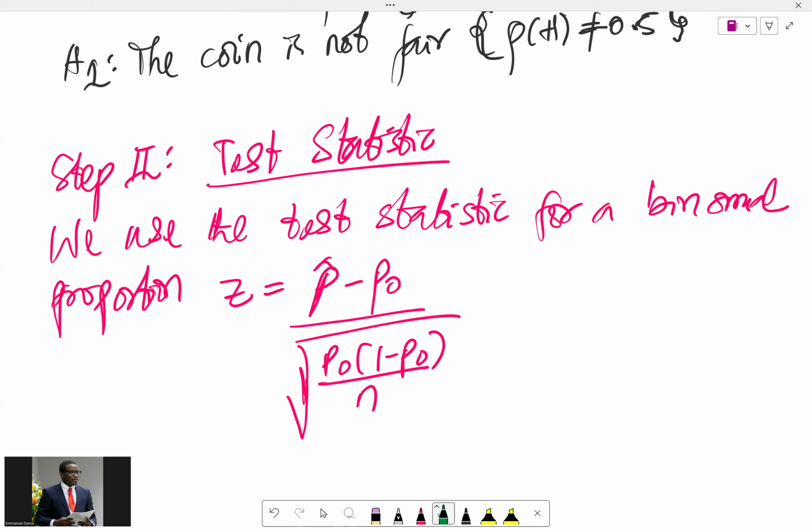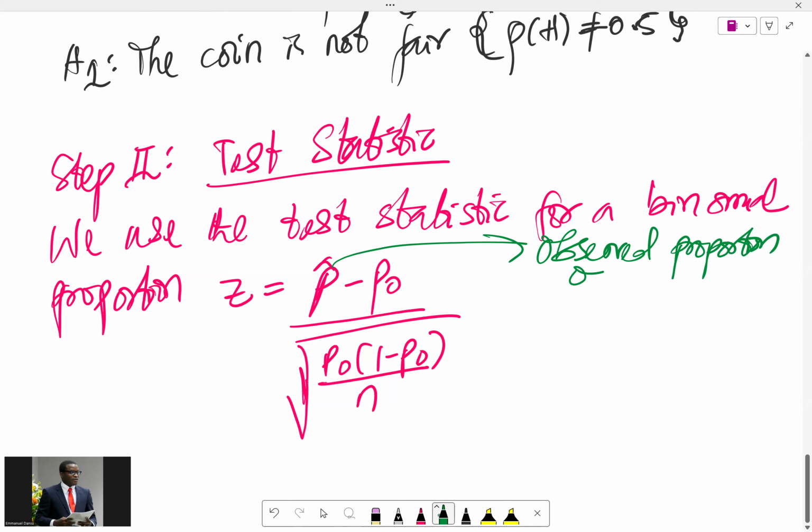P cap is the observed proportion of heads.